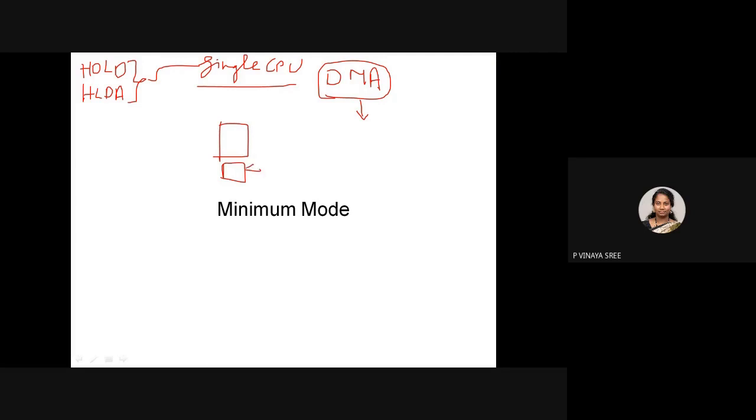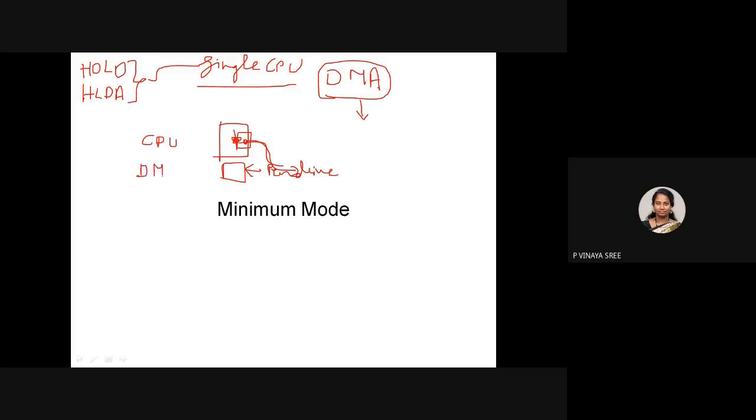You connect your pen drive. Whatever data is in your system memory, I want to transfer to your pen drive. Say you have downloaded some latest movie online and you want to copy it to your pen drive. In such a case, without the use of a processor, I want to make use of DMA.